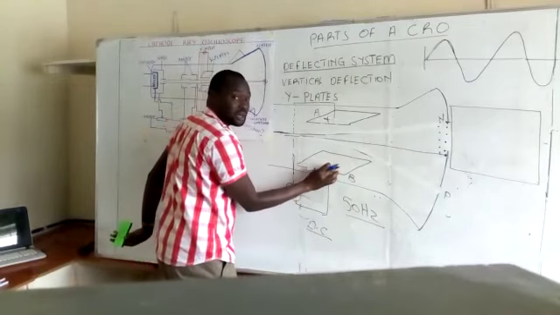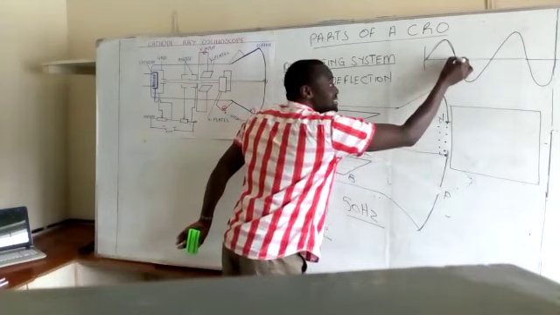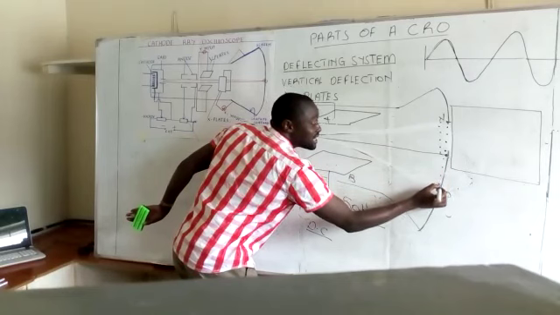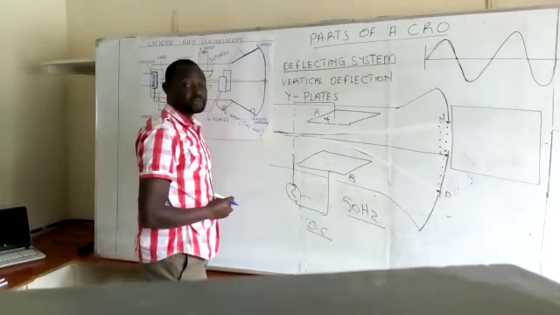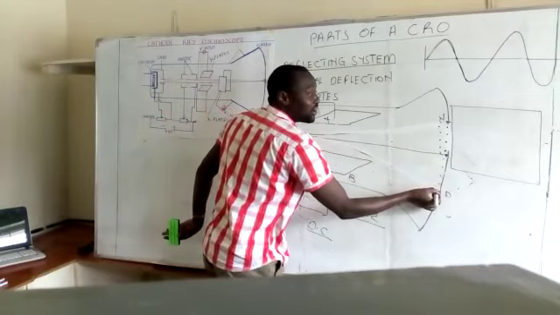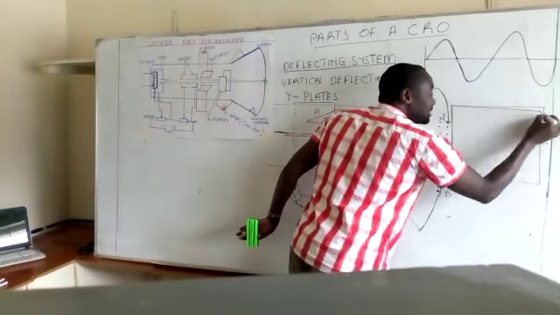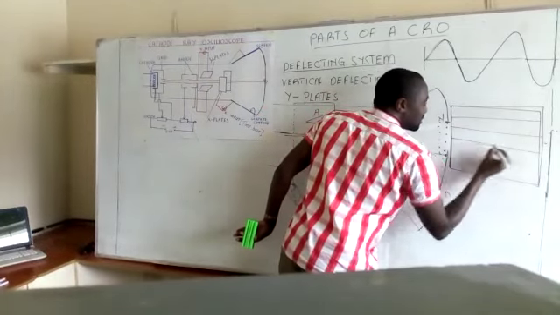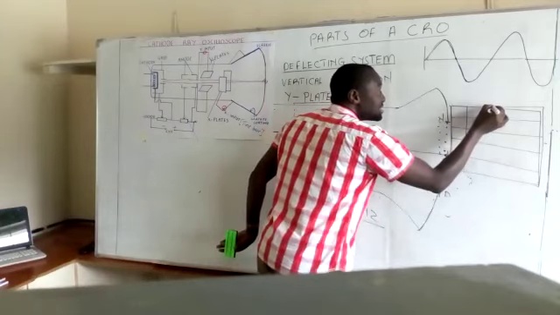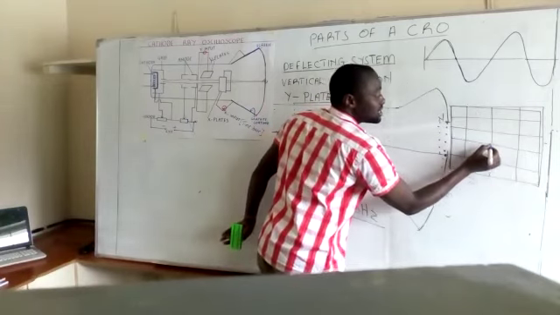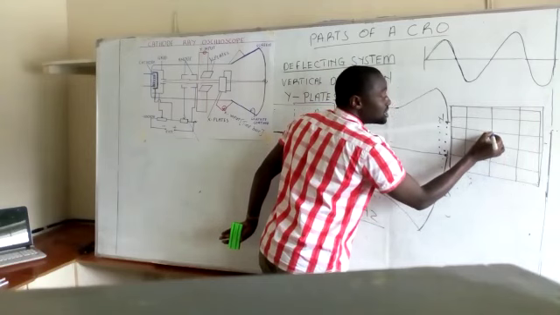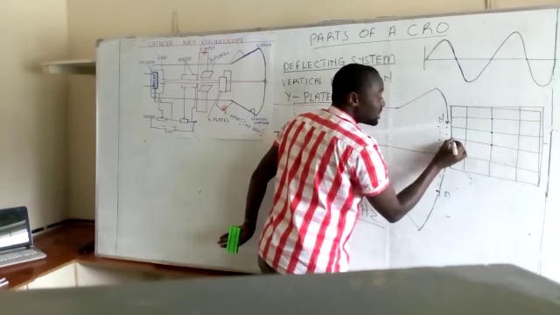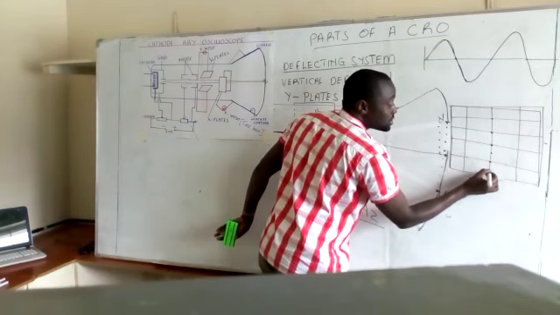Then, this now will be positive, and therefore, as it builds to maximum, the dot also will be moving on the lower side up to the maximum voltage at point P. And when we look at the screen of the CRO, which is graduated in squares of 1 centimeter, we'll see the dot rise to the maximum point, then come back to the central point, then move to the lower side.